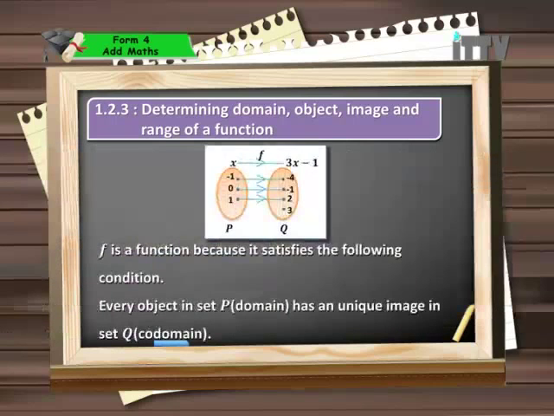F is a function because it satisfies the following condition. Every object in set P, which is the domain, has a unique image in set Q, which is the codomain.